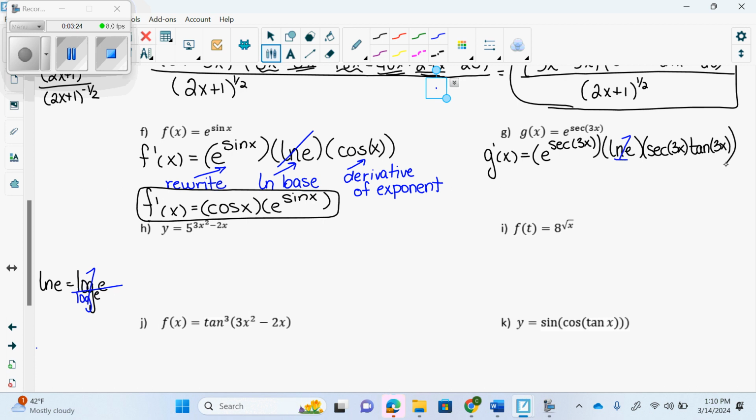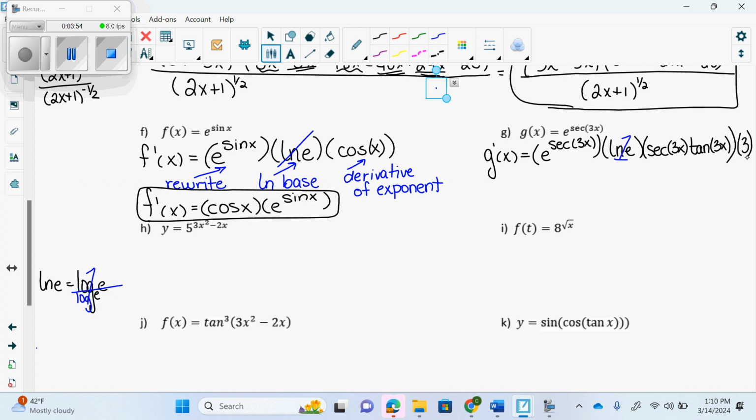And then am I done? Remember that you can say you're done when you've done the derivative of every single thing. What's the thing we have not done the derivative of? The 3x. So what do I have to multiply behind with? 3. It's secant 3x, tan 3x, but the actual original had one 3x. You're not going to do two 3's.